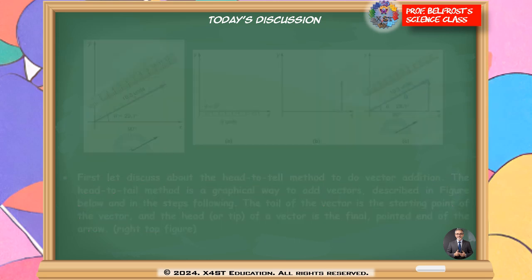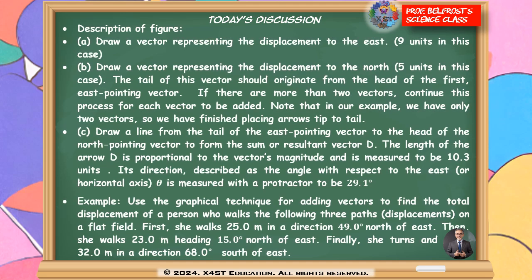Here's the description. For step A, you draw a vector representing the displacement to the east, which is 9 units in this case. Then we draw a vector representing the displacement to the north, which is 5 units, and make this vector originate from the head of the first east-pointing vector. In step C, we draw a line from the tail of the east-pointing vector to the head of the north-pointing vector to form the sum, or resultant vector, denoted by D in this case.